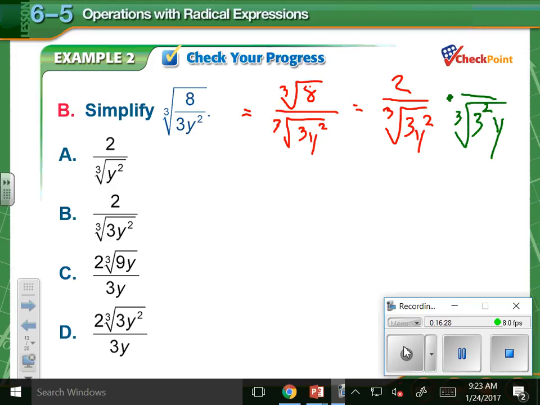So when I multiply these two together in the denominator, I get the cube root of 3 to the third, y to the third, which will become just 3y. But I have to do the same thing to the top.